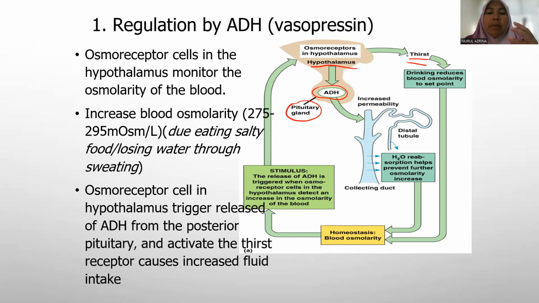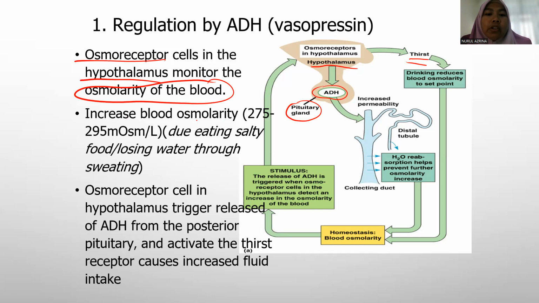Kita haus. Kenapa kita haus? Bila kita haus, kita minum. Actually, kenapa kita haus? That is a signal from our hypothalamus that your blood osmolarity is increased. Osmoreceptors in the hypothalamus monitor the osmolarity of blood.